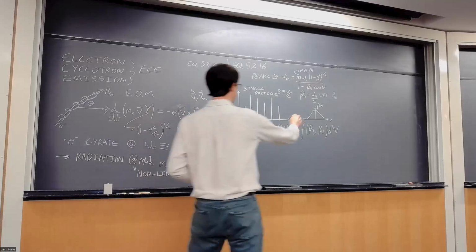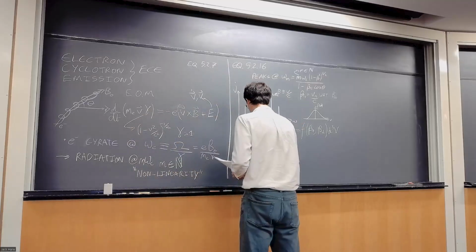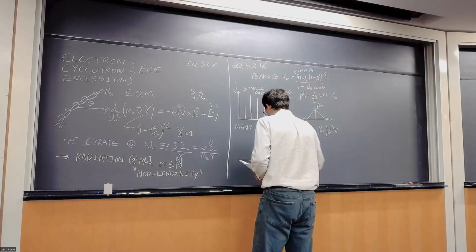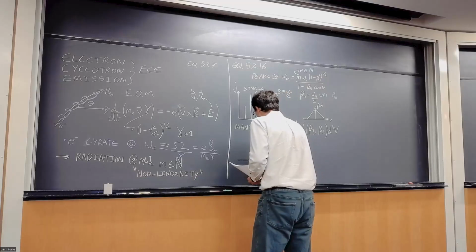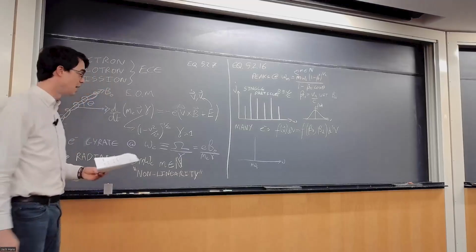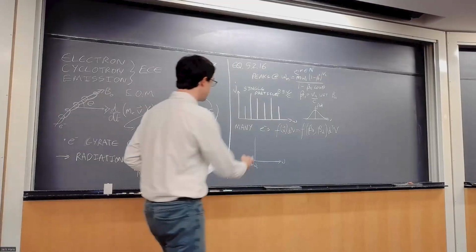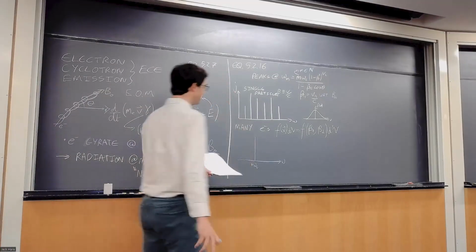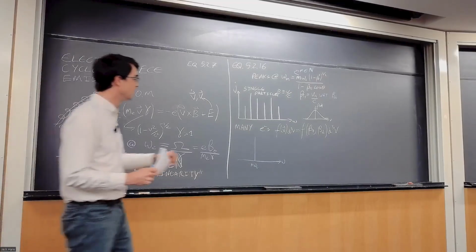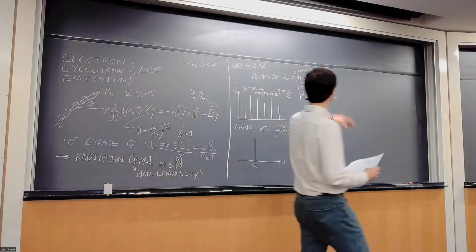So let's just draw a single peak. It was a delta function at m omega c. It doesn't matter which harmonic it is for our purposes. This delta function is now going to be broadened out. I think the delta function was always rather unscientific, unphysical, and so it's going to be broadened out by these natural broadening processes.